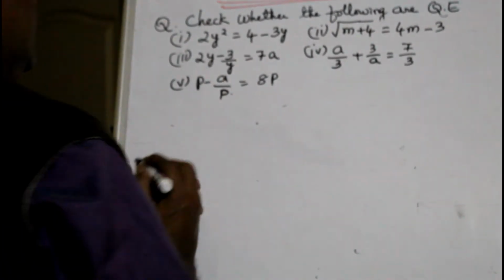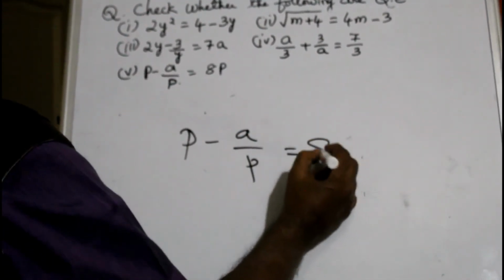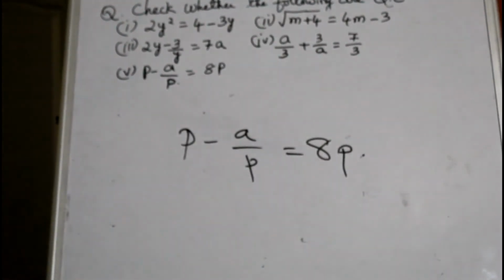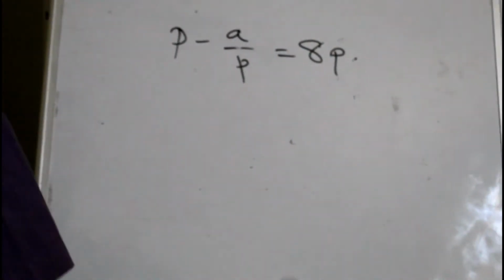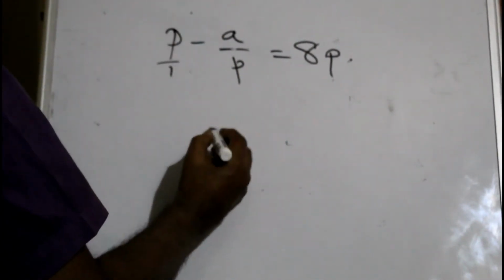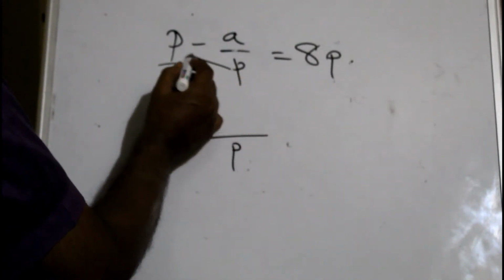So look at this, the last sum. p minus a by p is equal to 8p. Now don't worry about this a. It's not necessary that you always have a number. So this is p and one more variable a. So what we do is put this p as p by 1, and take the LCM as p.